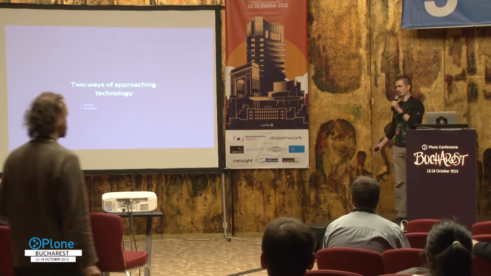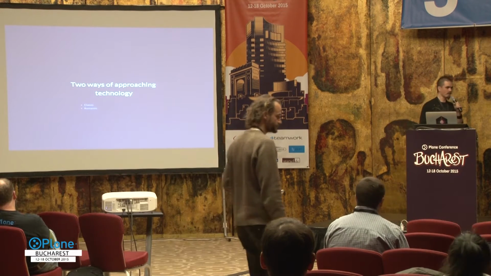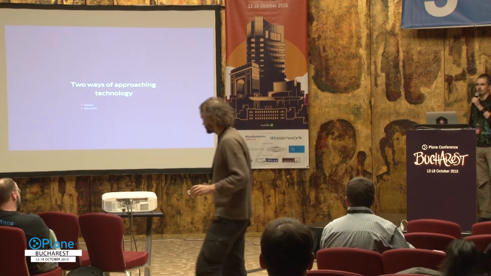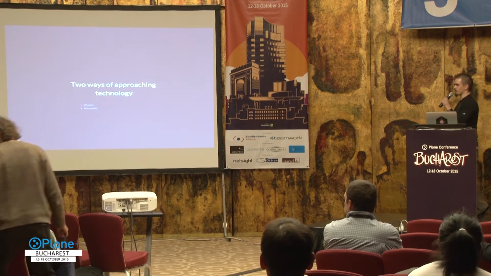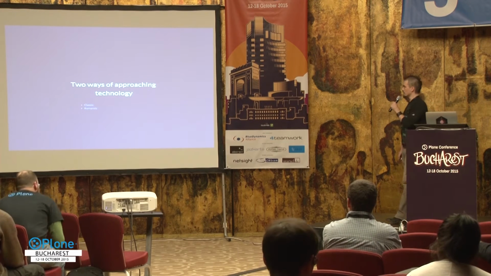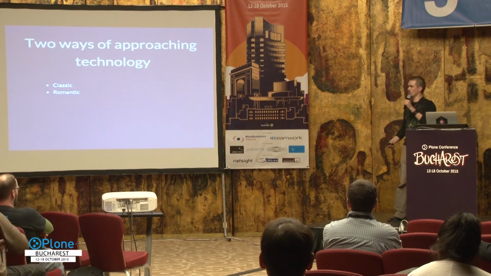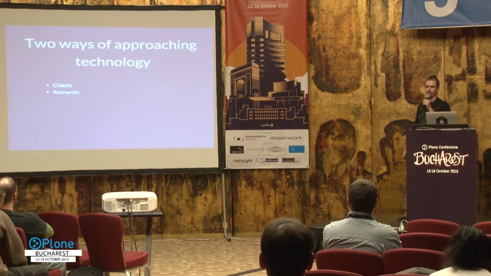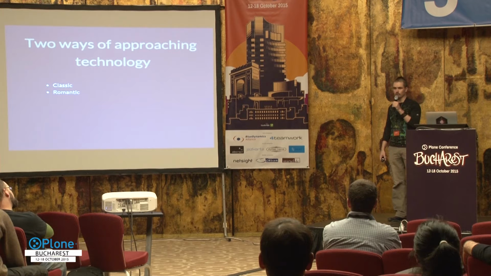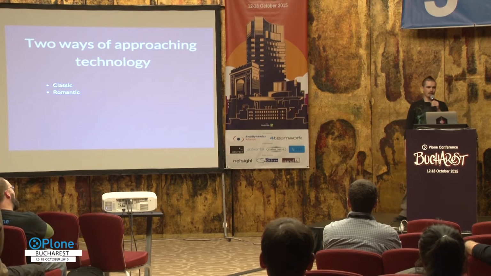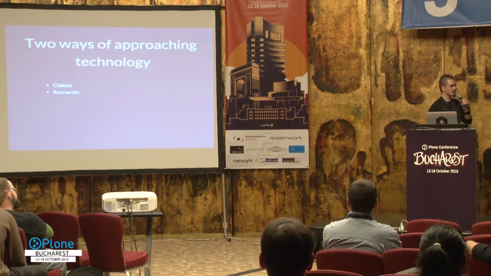In the book, I'm not going to talk about the story, but in the book he introduces two ways in which people can approach technology. So in his terminology in the book, he talks about the classic approach and the romantic approach. The classic approach is Aristotelian, in other words, logic-based.